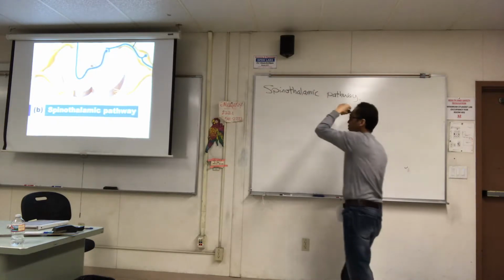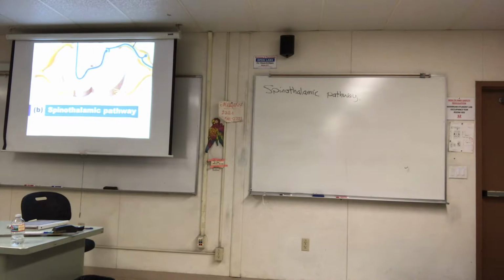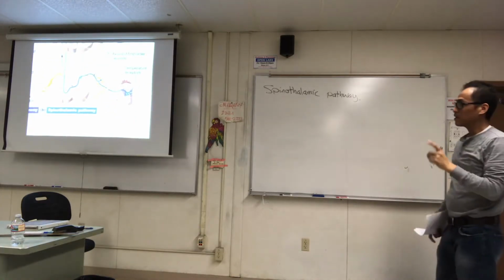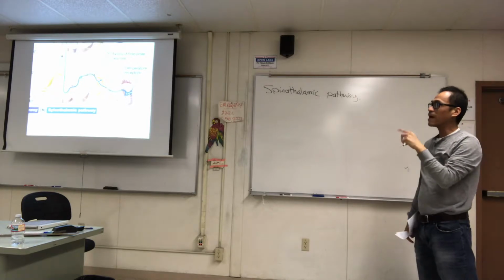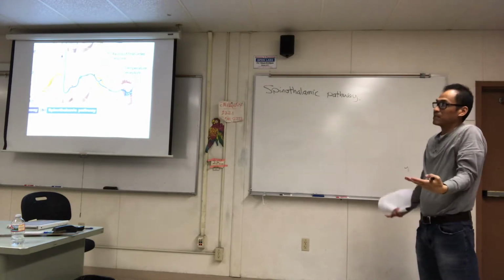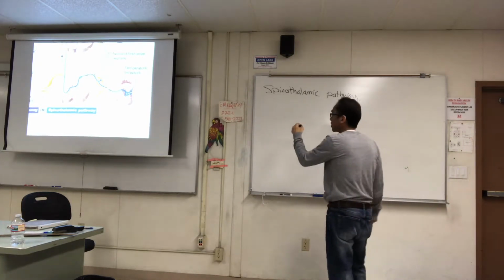So this pathway, what you're doing is, the first neuron, as you can see there, the example they give is, I guess, light a match to the bottom of the foot. Obviously, that's temperature. It could be painful too, I guess. Well, anyways, you see the three nerve endings there.